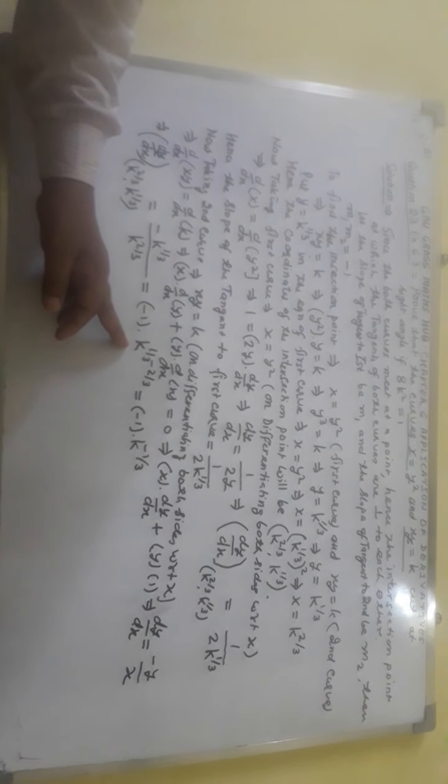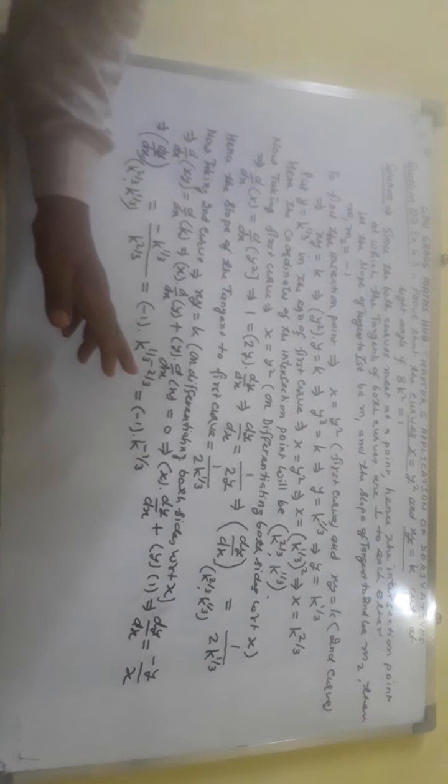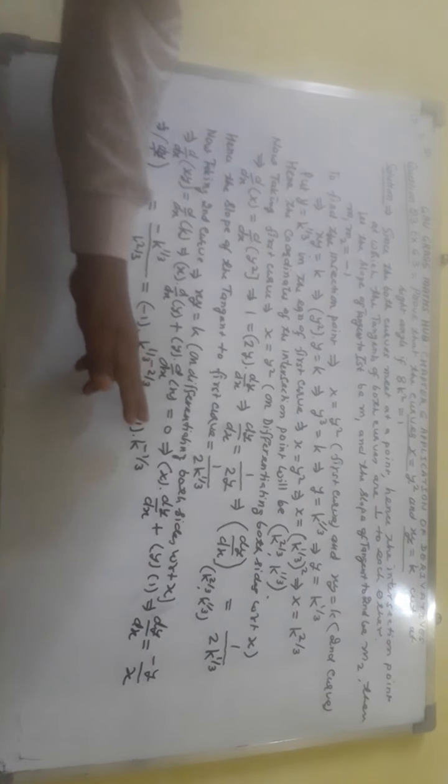Do the operation: 1 over 3 minus 2 over 3, the LCM will be 3, 1 minus 2 comes out to be minus 1 over 3. So you will get m2 equal to minus k raised to the power 1 over 3. This thing you have got.